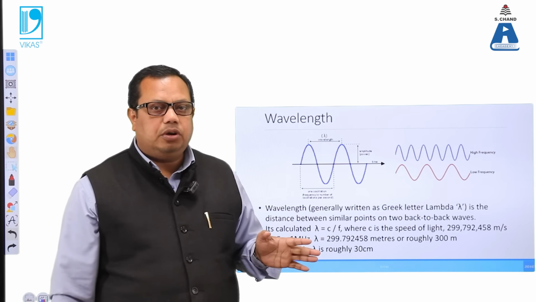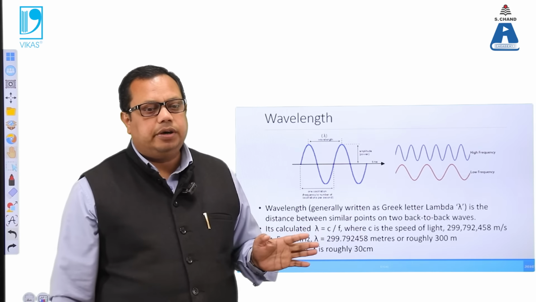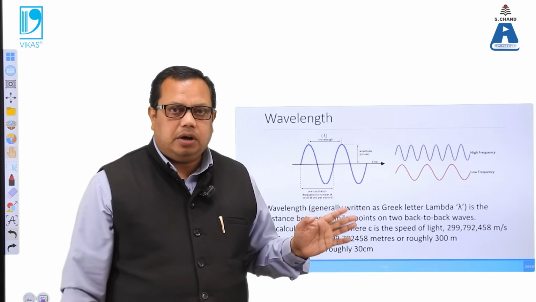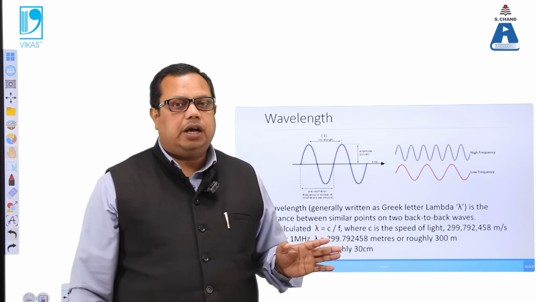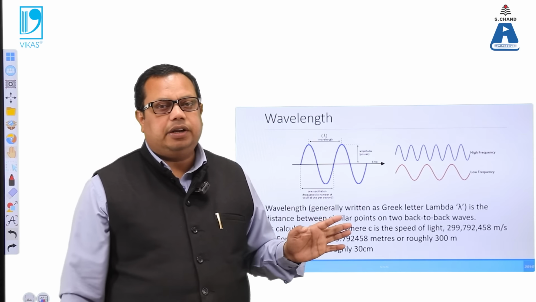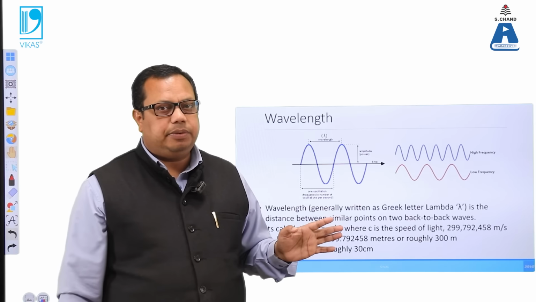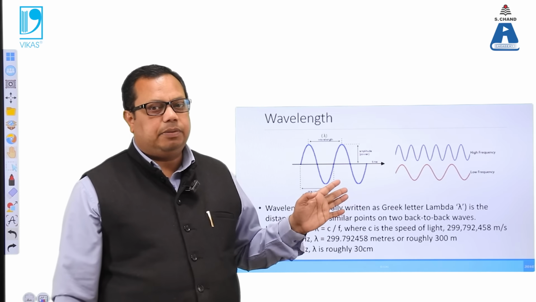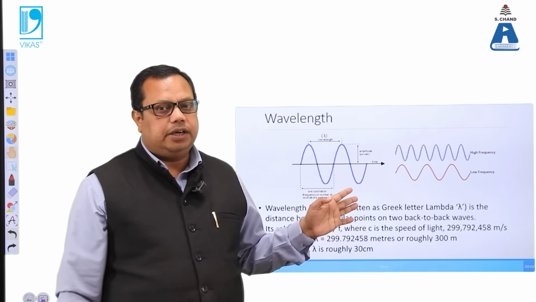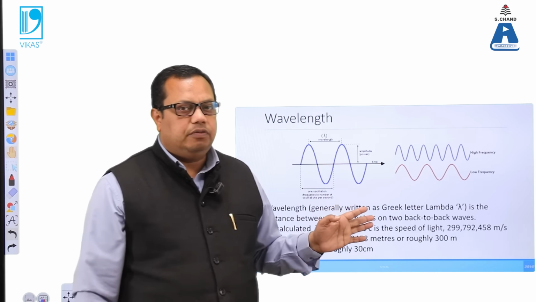In that EMW also, we can calculate whether the input and output are in the same phase or out of phase, and we can calculate the wavelength, the frequency, the time period, everything of that particular wave, either from the time period or from the frequency.